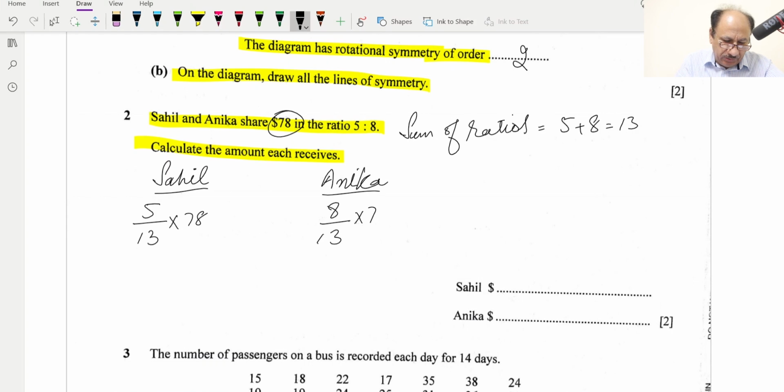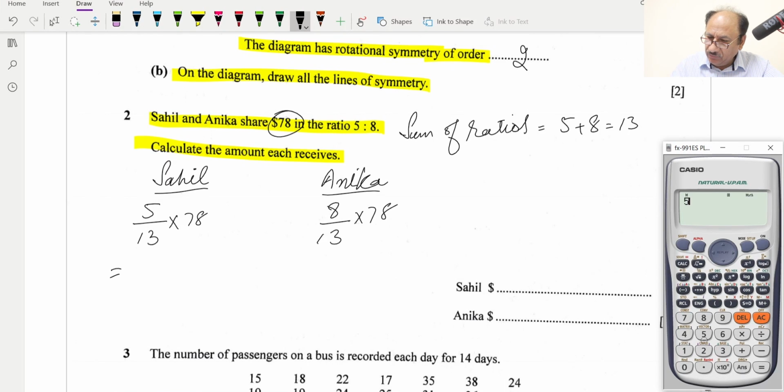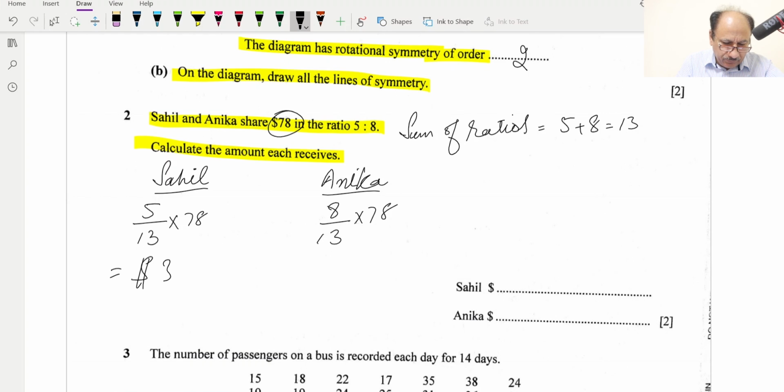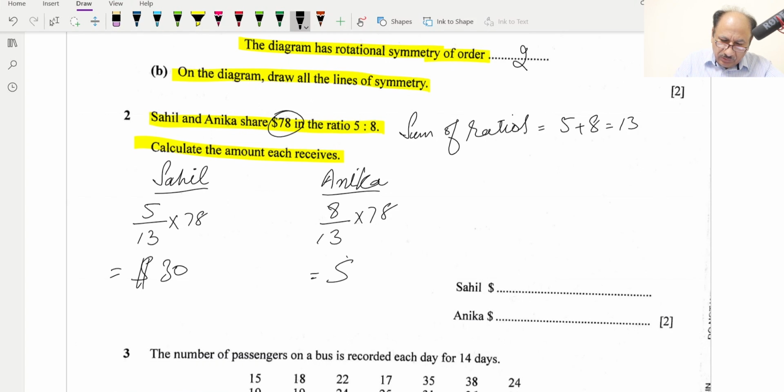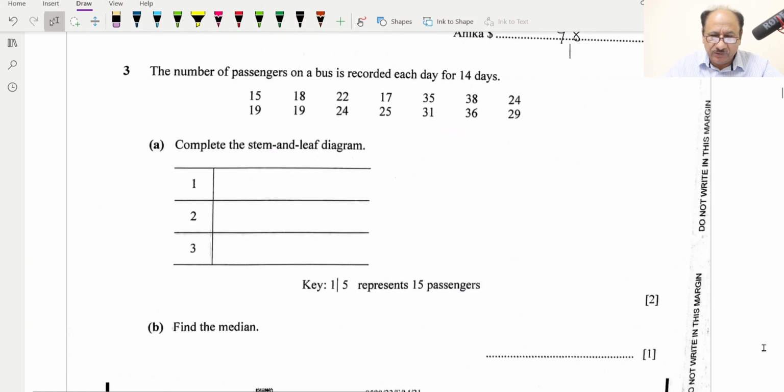The answer for Sahil is 5 over 13 multiplied by 78, which is equal to $30. For Anika, we similarly multiply with 8 over 13, and the amount she gets is $48. So we can provide the answer as 30 and 48. A 2 marks question. This is also very easy.